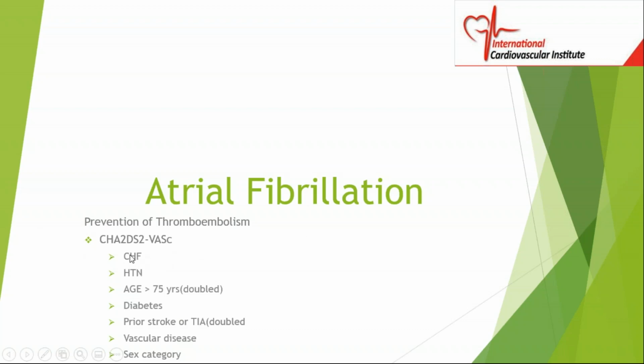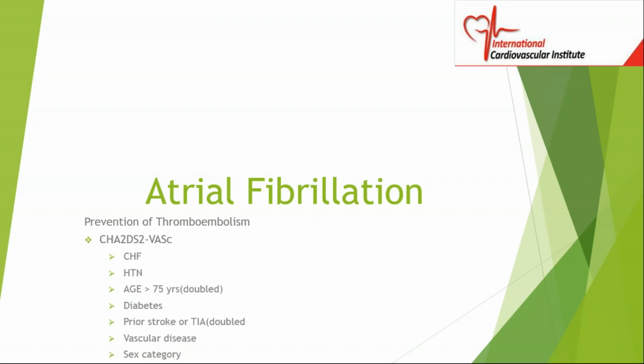Again, C is for congestive heart failure. If the patient comes in with decompensated heart failure, and even if it's a diastolic heart failure, it's still classified as heart failure. So if they have a reduced ejection fraction of 40% and they're not in heart failure, then you still give them 1 point.